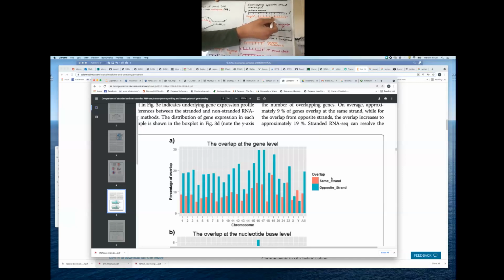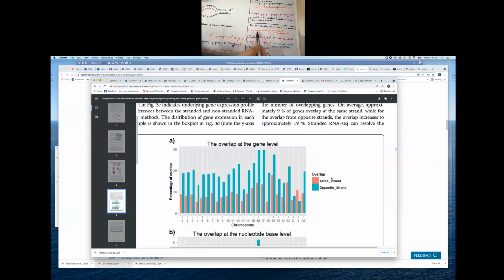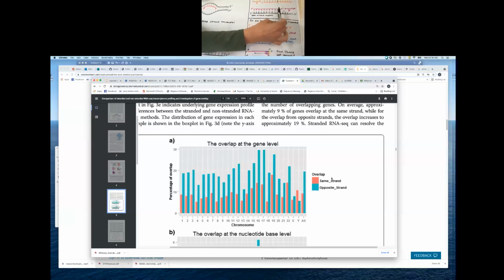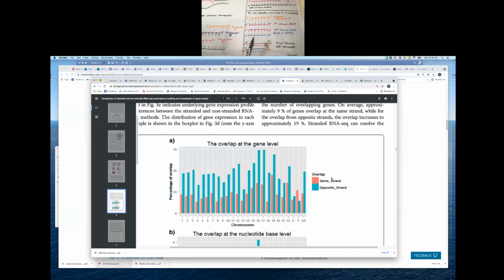So let's say I chop it right here, so that I'm left with this part of transcript X. You'll notice that this part is overlapping entirely with transcript Y, but we know, because I told you, that it actually came from transcript X.